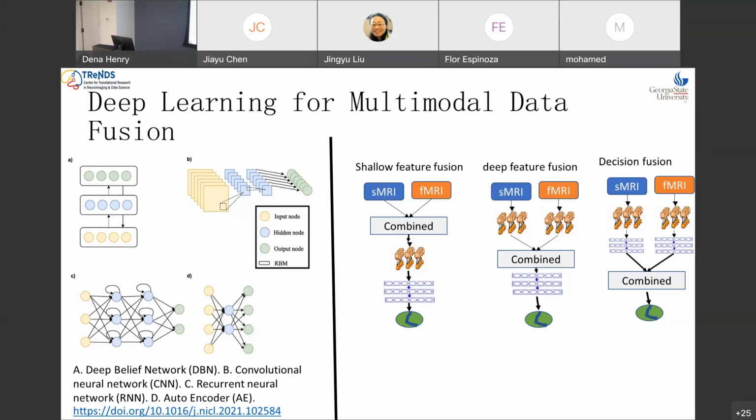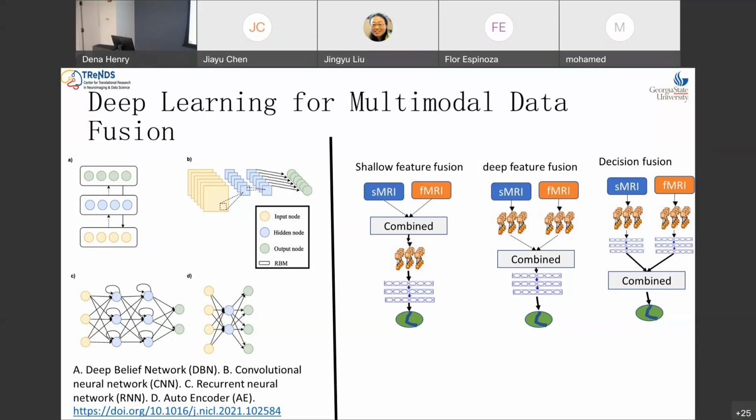For example, we could have shallow feature fusion, which directly puts all the data together. That may be good if you have gray matter volumes, white matter volumes, or white matter tracts as features, which are at relatively the same level, and you combine the features together.